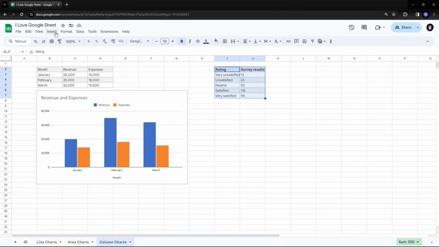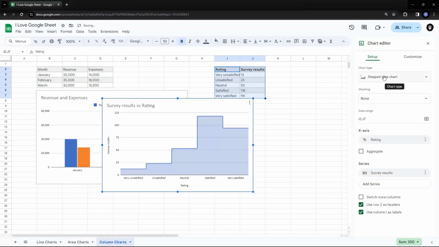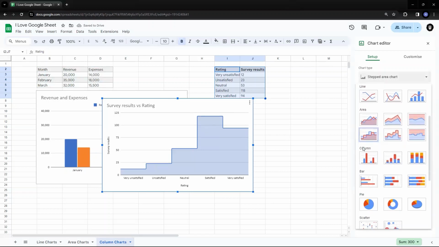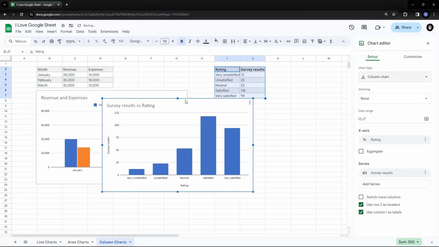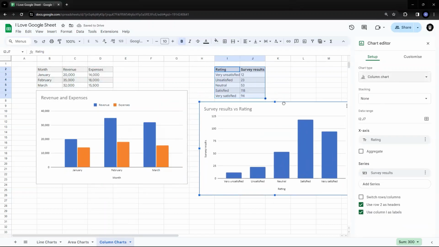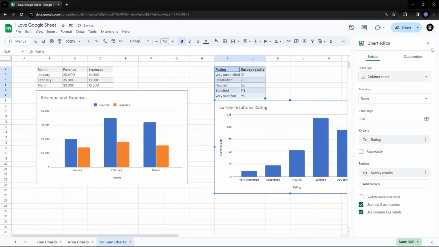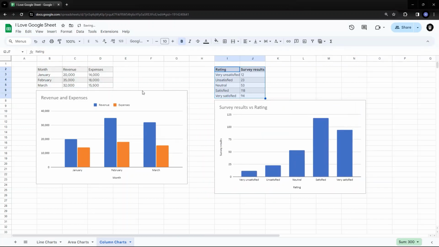I'll again select the data, say insert chart, and select a column chart. I can see the difference. The first one, I used to compare revenue and expenses over a period of time.